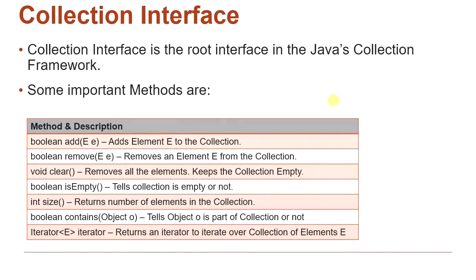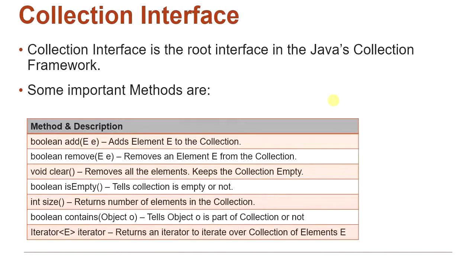Clear will remove all the elements in the collection and keep the collection empty. So the isEmpty method tells whether the collection is empty or has at least one element in it. I mean one or more elements in it. So after clear, if you call isEmpty, then this method will return true to you.